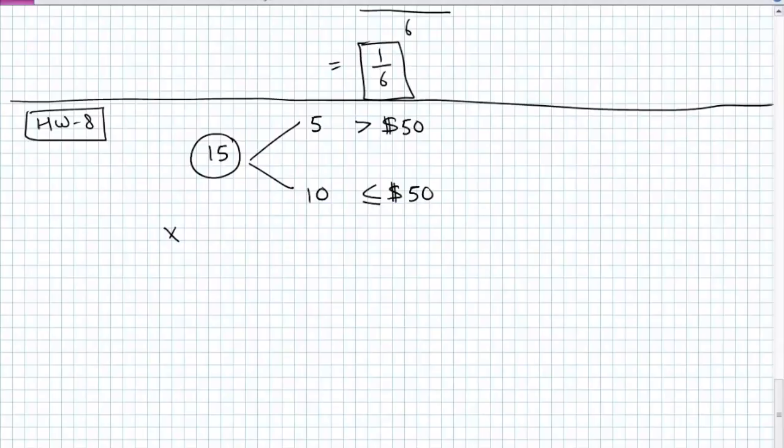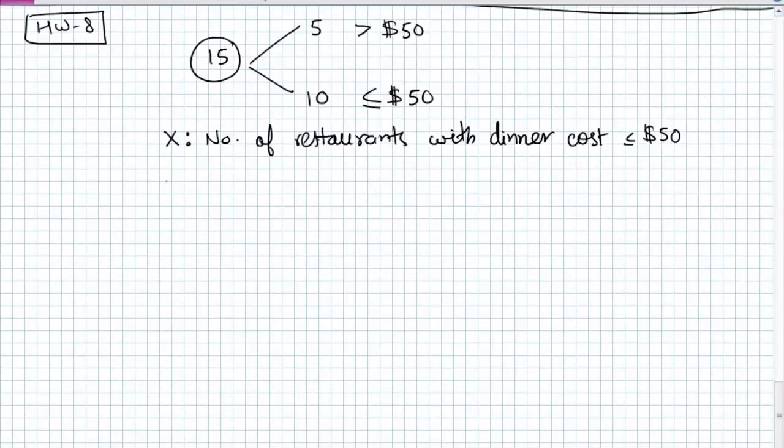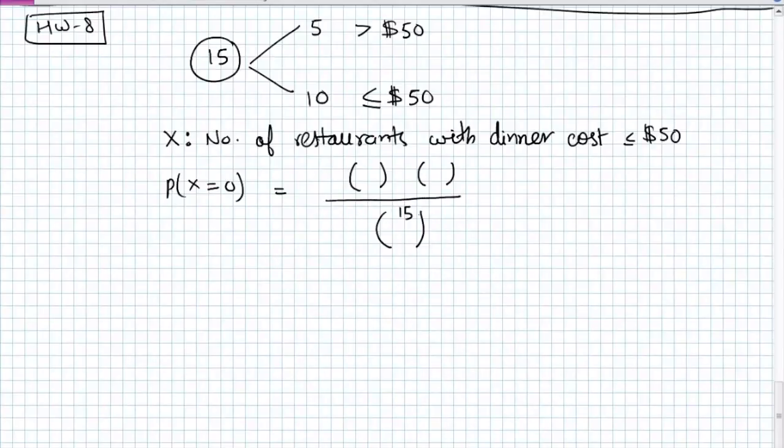So suppose we define a random variable x such that, in terms of probability, what is the chance that x is 0? So we make that structure again. Out of 15 restaurants, and note that this person has to eat dinners on 3 occasions.